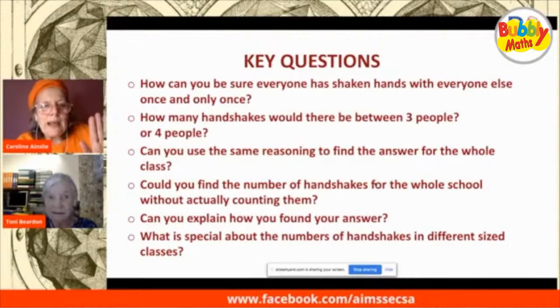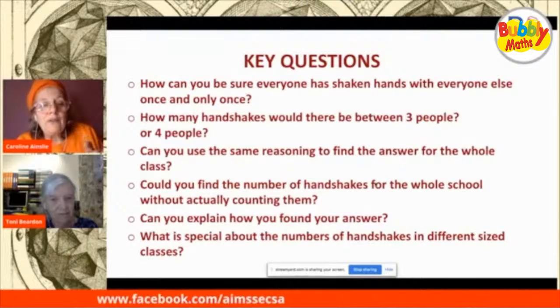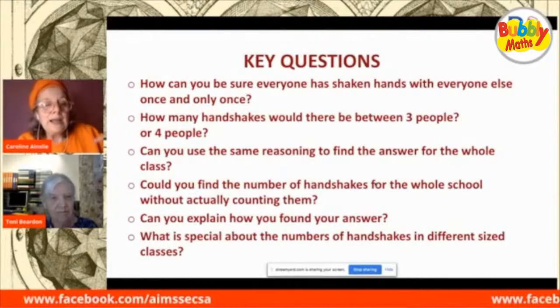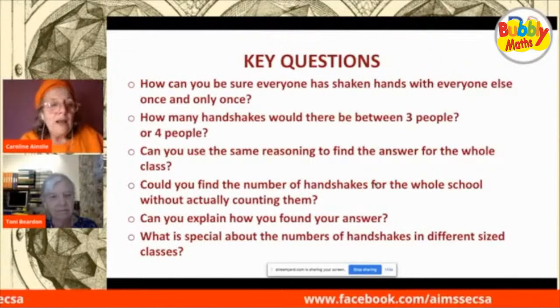Because another skill is being able to communicate ideas. And when a teacher asks a question, they want the children to be able to explain clearly the reasons for their answer. And so in life, when they need to communicate with other people, they can explain things clearly. So that's why asking questions helps children such a lot.